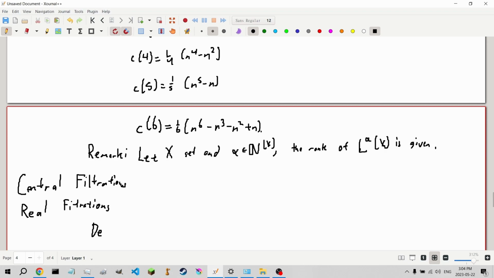All right, so start with the definition. Let G be a group.